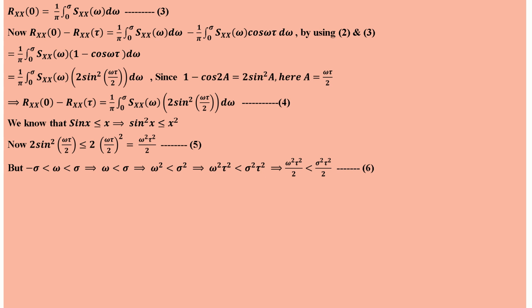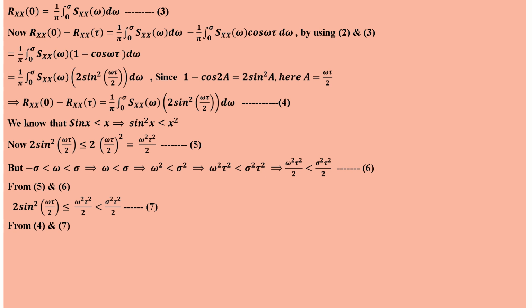Also omega lies between minus sigma and plus sigma, that is, mod omega is less than sigma. So omega square is less than sigma square. Multiplying with tau square and dividing by 2 on both sides, omega square tau square by 2 is less than sigma square tau square by 2, equation number 6. So from 5 and 6 you will get 2 sin square (omega tau by 2) less than or equal to omega square tau square by 2, less than sigma square tau square by 2. That is equation number 7.